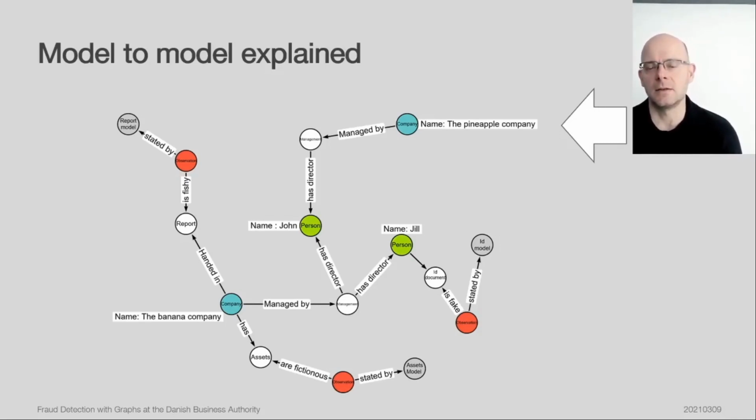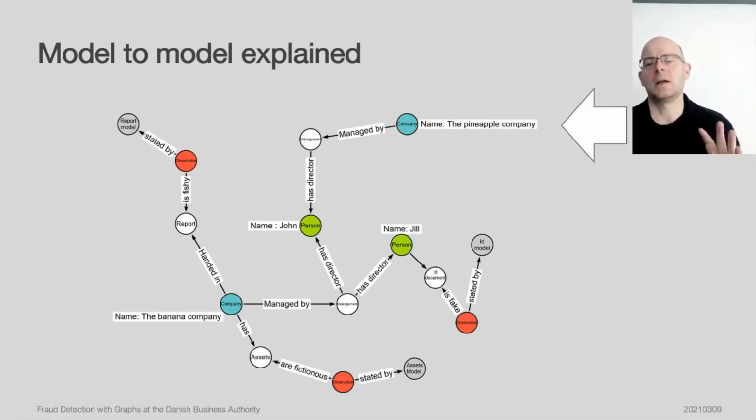So on the right, the ID model has stated an observation that the ID document of Jill, who was part of management with John in the banana company, is actually fake. And perhaps the banana company also stated some fictitious assets, and there's something in the annual report that looks fishy from the auditor.